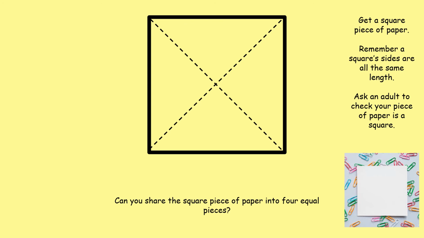And if I open it up, or if I've cut it out, now I've got 4 equal pieces. I've got 1, 2, 3, 4. 4 quarters. They're quarters because I have 4 equal parts. And if I put them back together, it would make a whole.